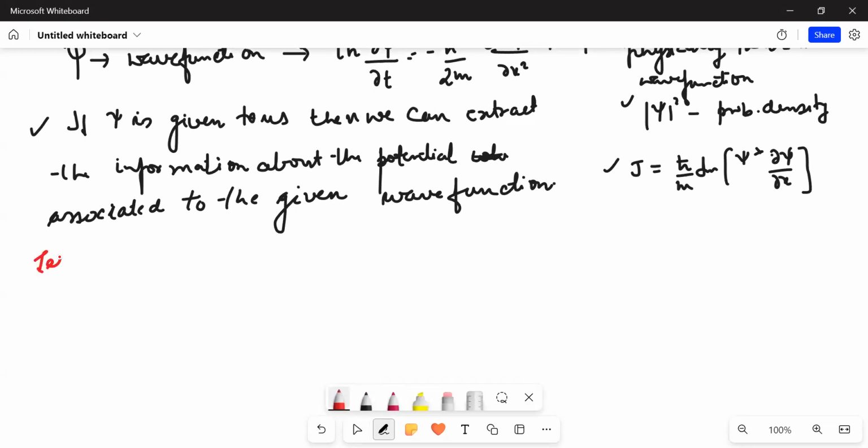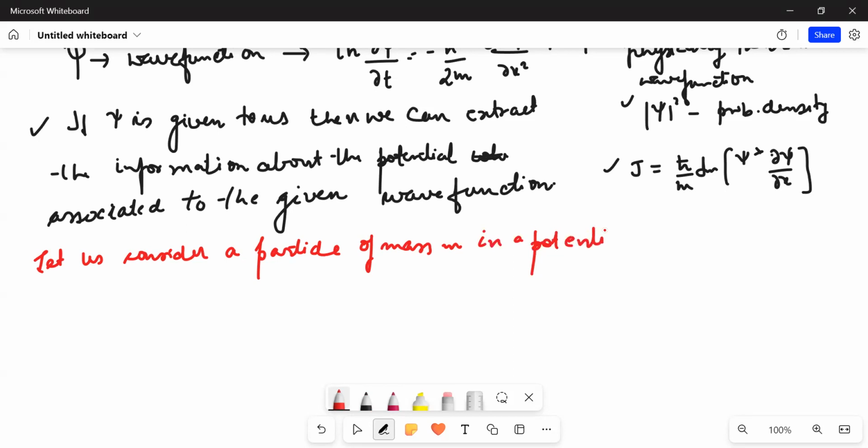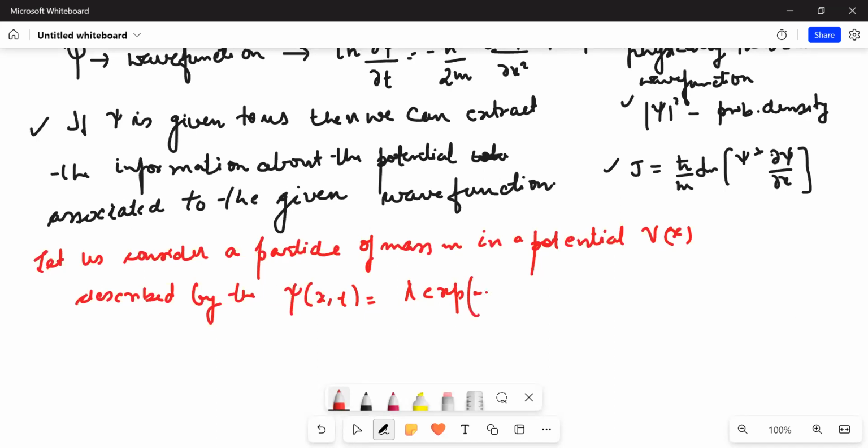So let us consider a particle of mass m in a potential V(x), described by the wave function psi as a function of both x and t, given by A exponential raised to the power minus iota kt minus km upon h-bar x square.